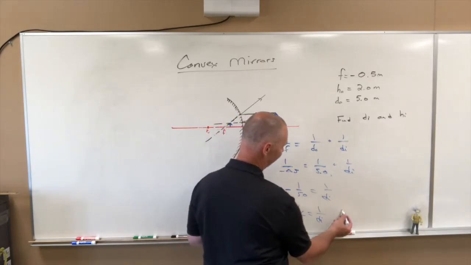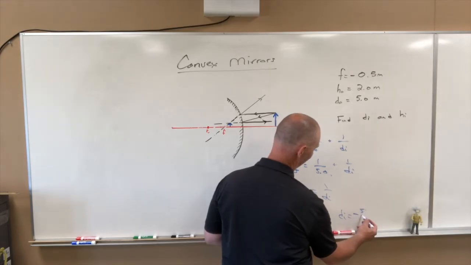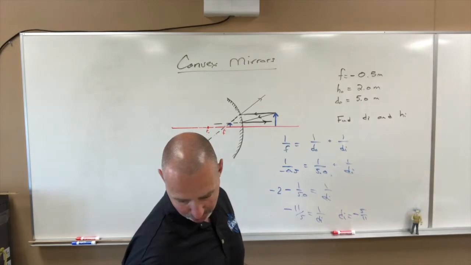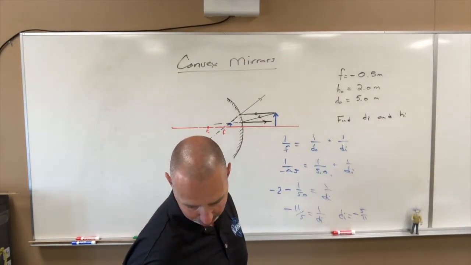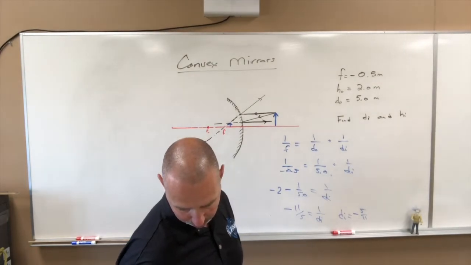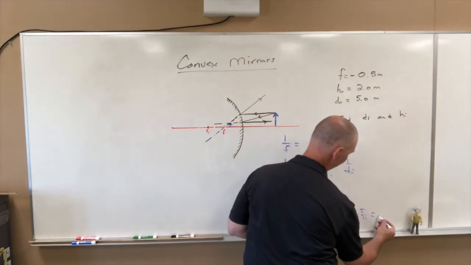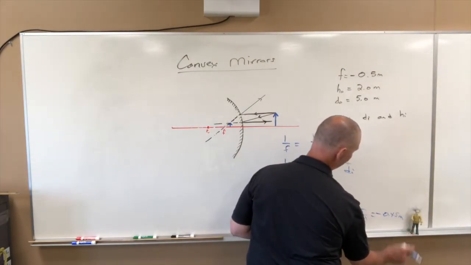which means that DI is going to equal negative 5/11, or as a decimal, negative 0.45 meters.